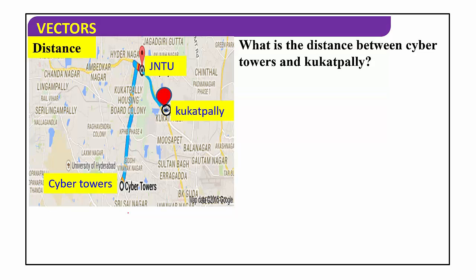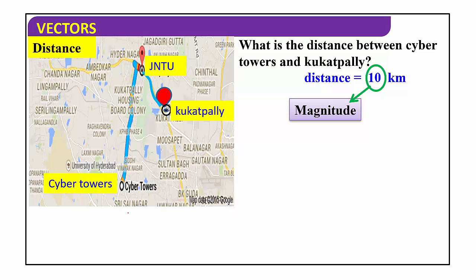What is the distance between Cyber Towers and Kukatpalli? You can observe the map. Cyber Tower to Kukatpalli. So what is the distance between these two positions? Let us say the distance is 10 kilometer. Then 10 is a number, that is called magnitude.